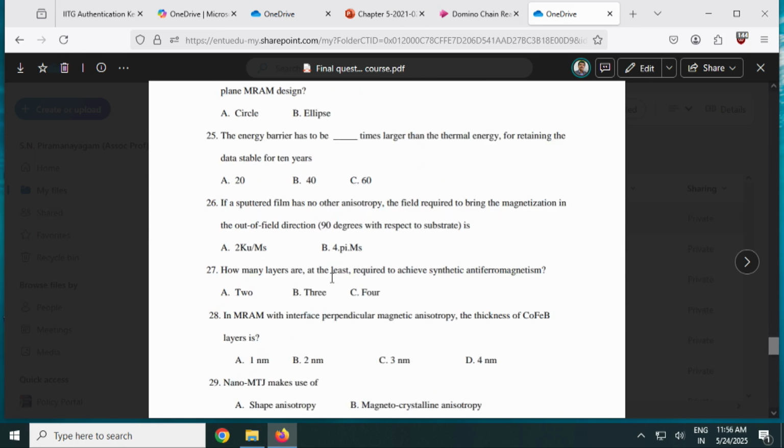I have prepared the percentage after checking. The percentile? Yeah, I want to check that. All the students' marks based on the percentile I have prepared.